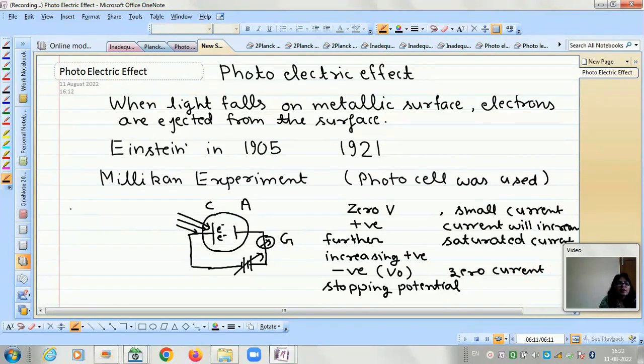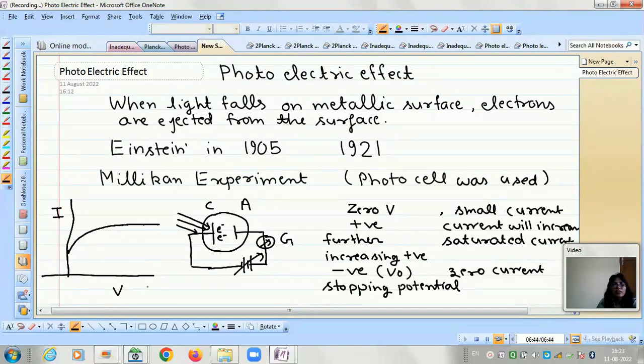So let us make a graph for all these what I have written. In this graph, on the x-axis there is potential applied on the anode, and on the y-axis there is current, the photocurrent. So when the potential is zero, then there will be a certain amount of current, and if we increase the potential in the positive direction, current will increase, and then after a certain time it will get saturated.